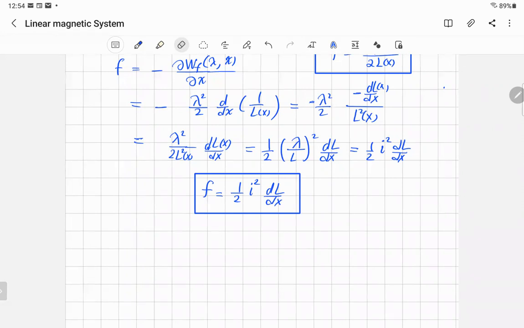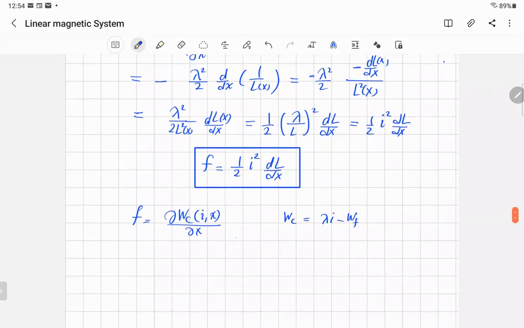And if you also try to find it from the other side, the other equation, the force is equal to the differentiation of the coenergy expressed in I with respect to x. If you do that, you get the same result. I'll leave this for you as an exercise, but I will refresh your memory on how you find the coenergy: it's just lambda I minus WF. Then you make the differentiation and you get the force.